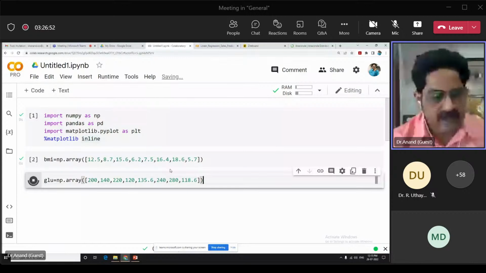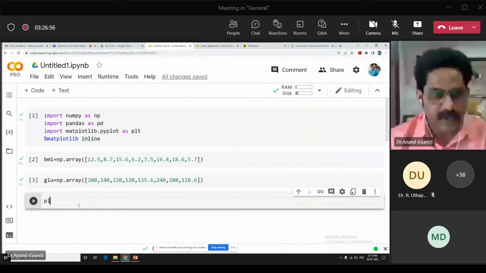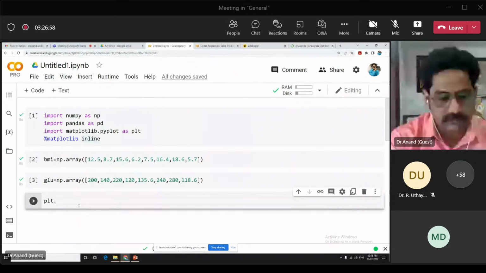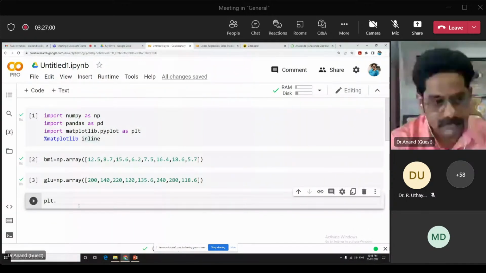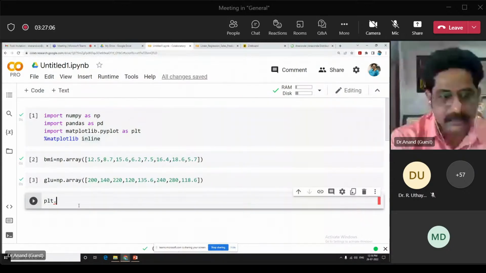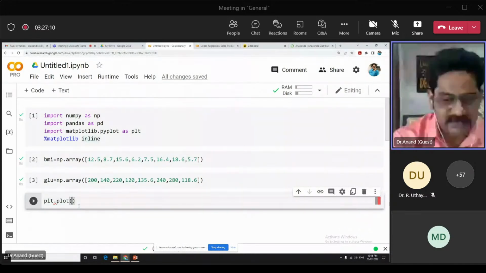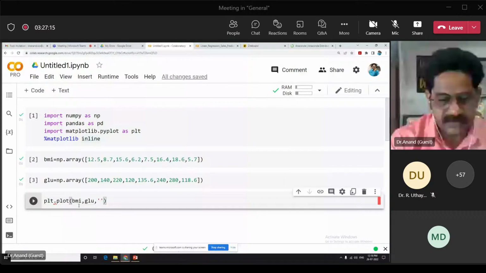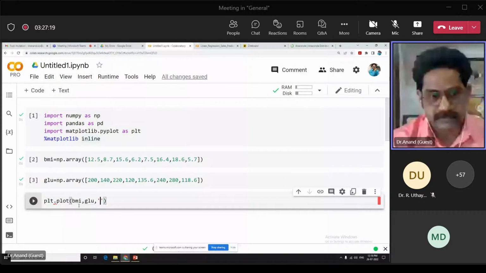So using the matplotlib library, you can do a simple plot like this, plt, or you can do a line plot, plt.plot, x-axis BMI, y-axis GLU, with some symbol, because each point is a discrete point, right?